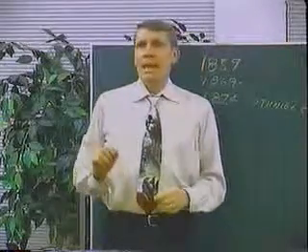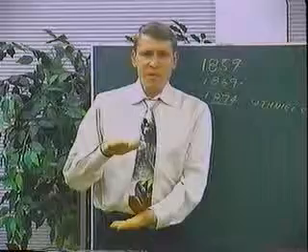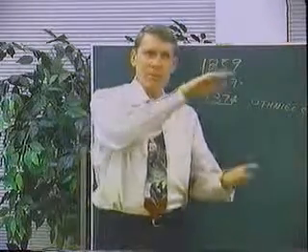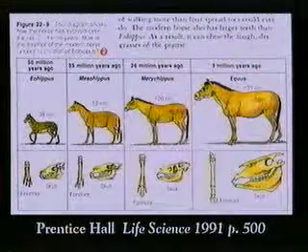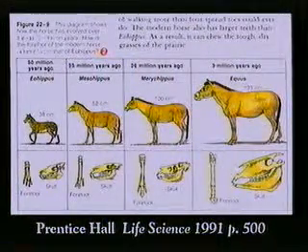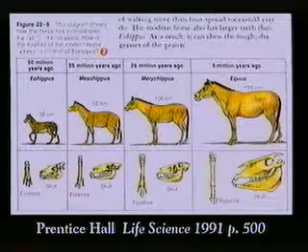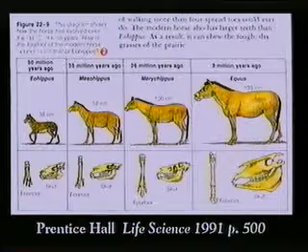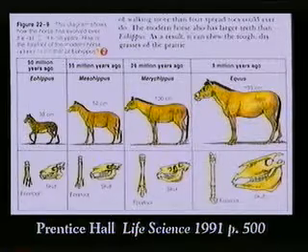But he found a little bitty animal about the size of a fox, and then he found a slightly bigger animal, and a bigger one, and a bigger one, all the way up to a horse. He arranged them in this order you see in your textbooks, from the Hyracotherium up through the different kinds of horse-like animals, up to the modern horse called Equus. He put the animals in this order.